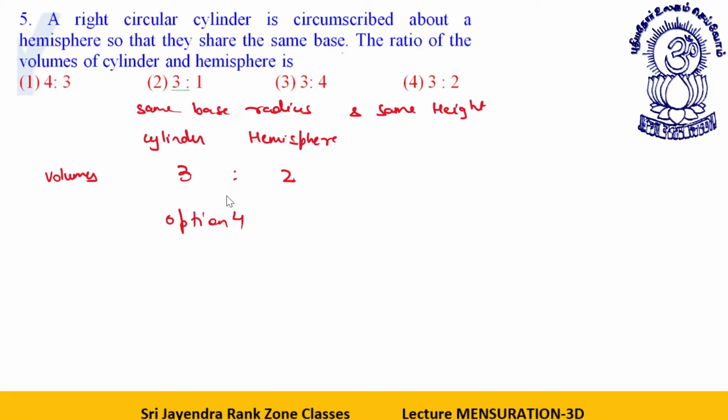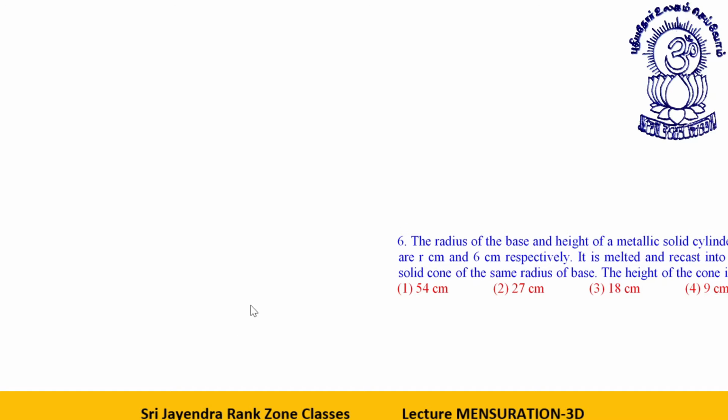Okay. Next one. The radius of the base and height of a metallic solid cylinder are r and 6 centimeters respectively. It is melted and recast into a solid cone of the same radius of base. The height of the cone is, verbally it will be 18. See, dear students, I know this is a cylinder.